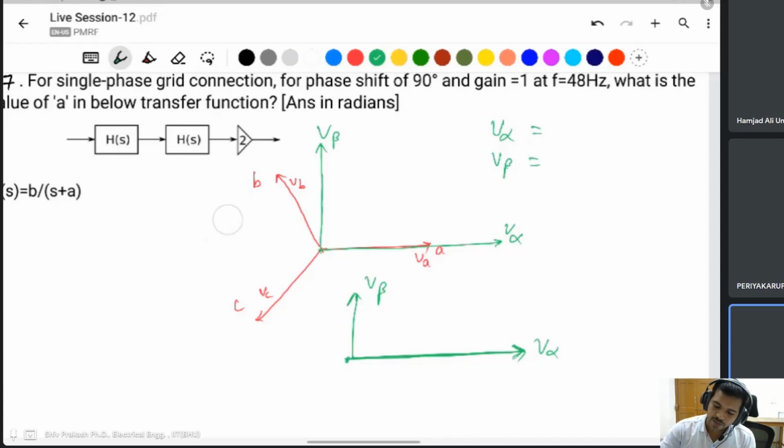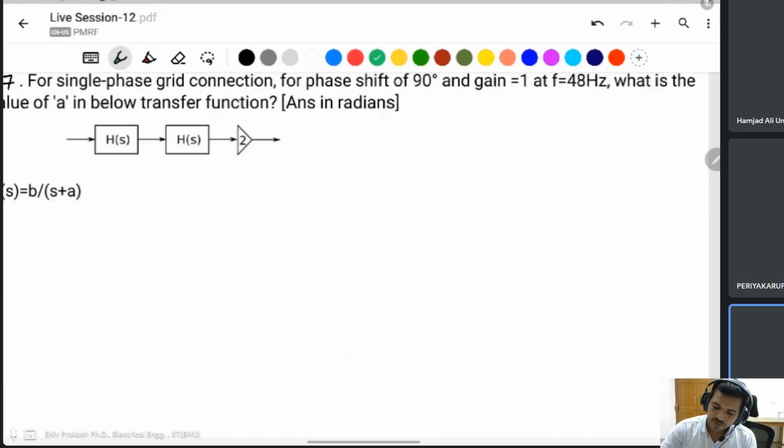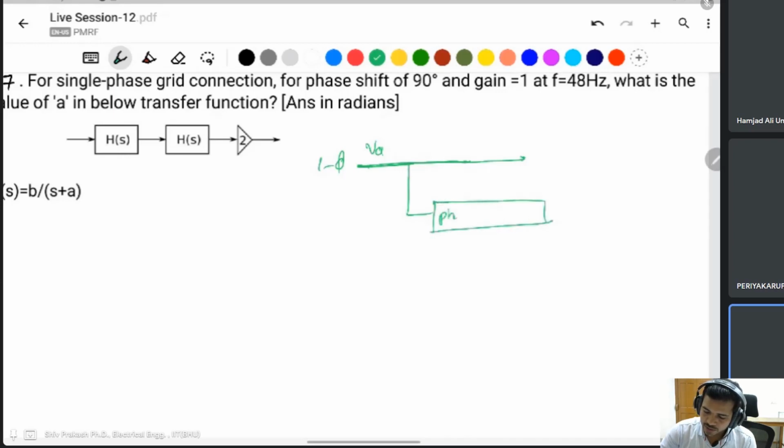That's why in a single phase system, suppose this is VA, I will take VA as V alpha only, but to find the V beta value, you use a phase shifter and shift the phase by 90 degrees. Then this is the V alpha and this is the V beta.